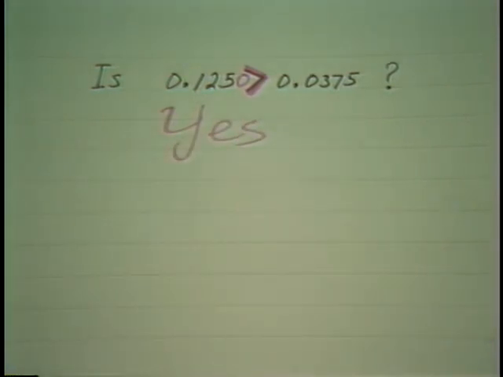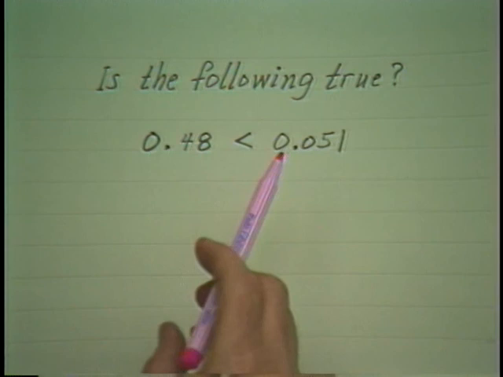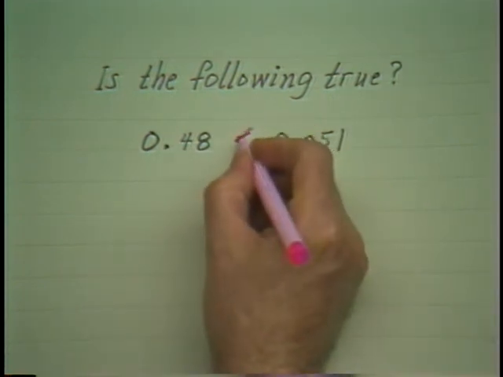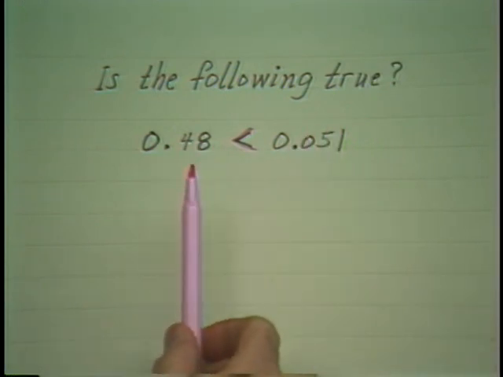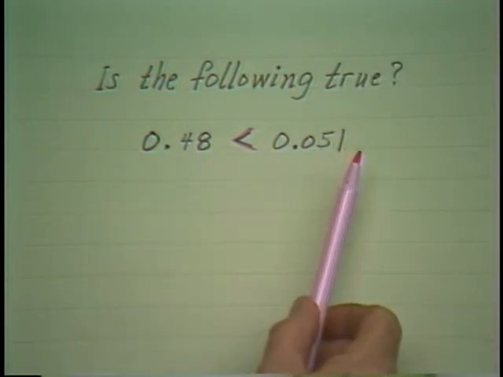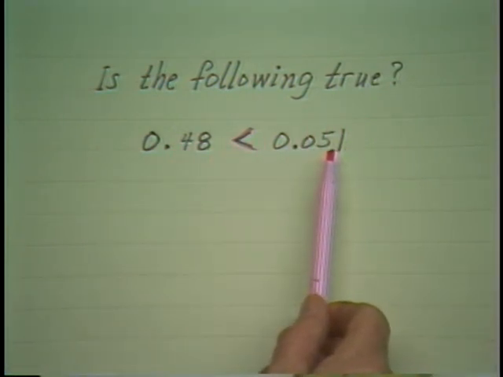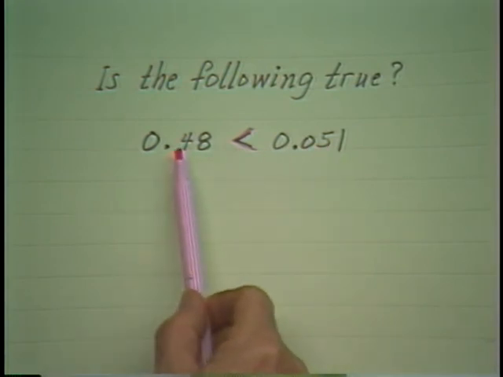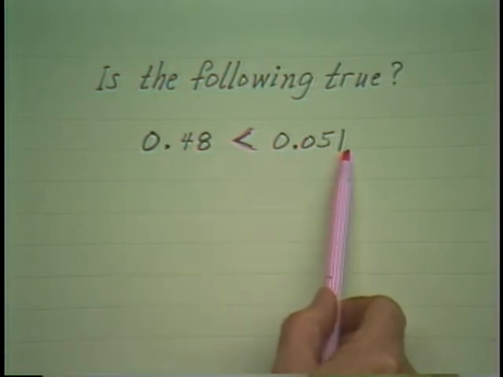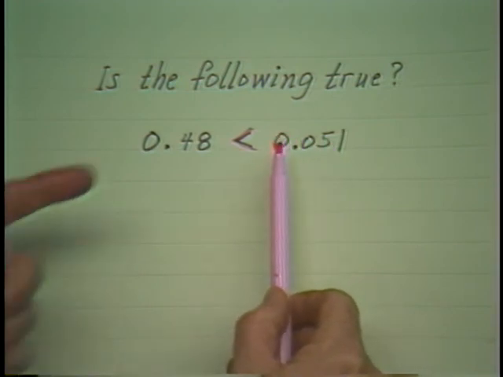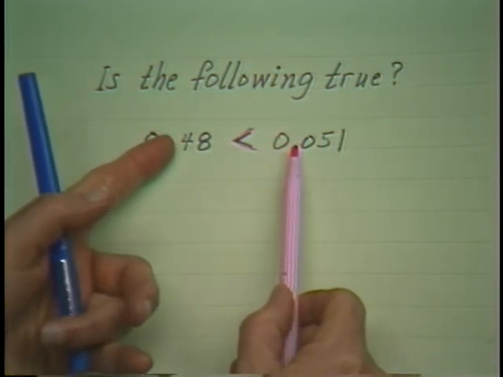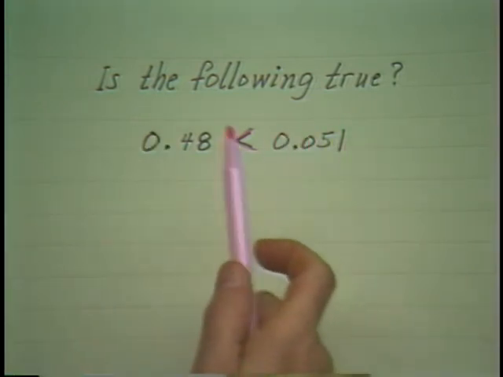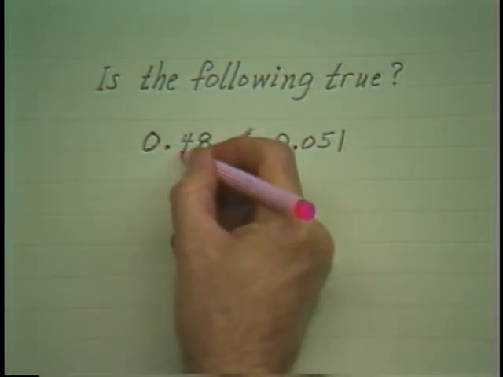Now let's recall that this symbol means less than. So we're asking, is 0.48 less than 0.051? And again, an inexperienced person would see this as 48 and this is 51 and say, of course it's true. But they're not taking into account the decimal system. And to compare decimal numbers, they must have the same number of places.